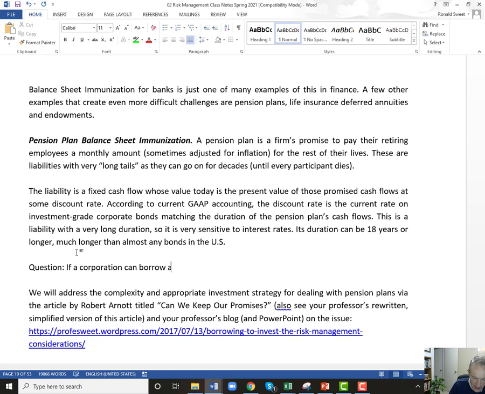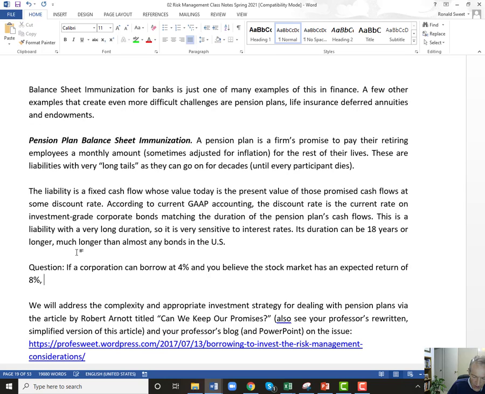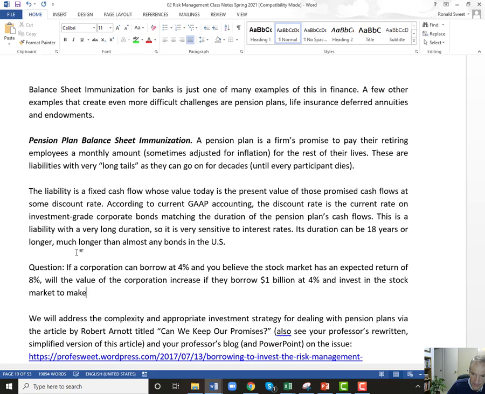If you can borrow at 4% and you believe the stock market has an expected return of 8%, will the value of the corporation increase if they borrow $1 billion at 4% and invest in the stock market to make an expected 8%? All right, let that sink in. There's the question.